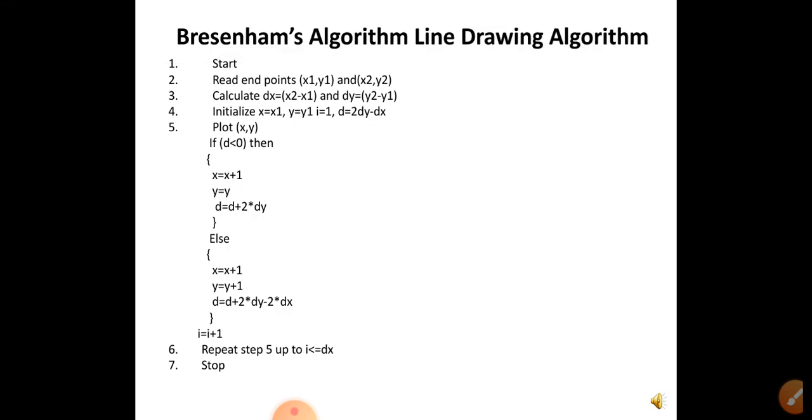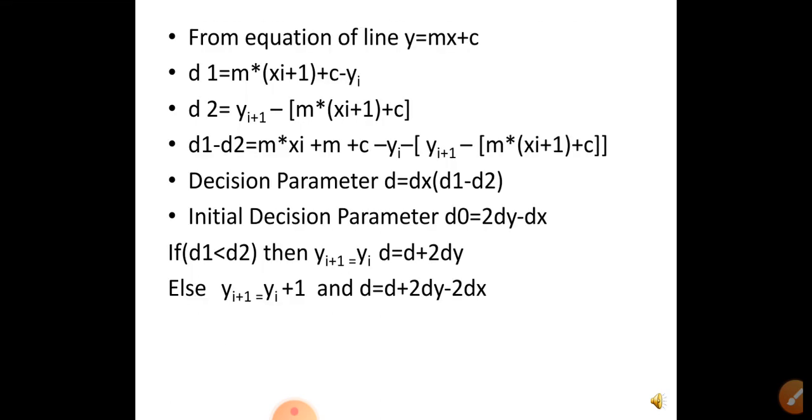the algorithm. Before proceeding with the algorithm, we know the first point x1 y1, which is the initial point to generate the actual line path. We know the end points up to which we have to proceed to generate the various pixels on the given line path, and we know the decision parameter, that is d, and up to how much we need to proceed with these steps.